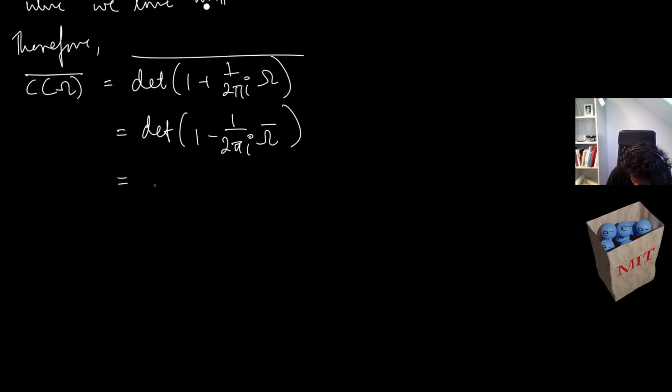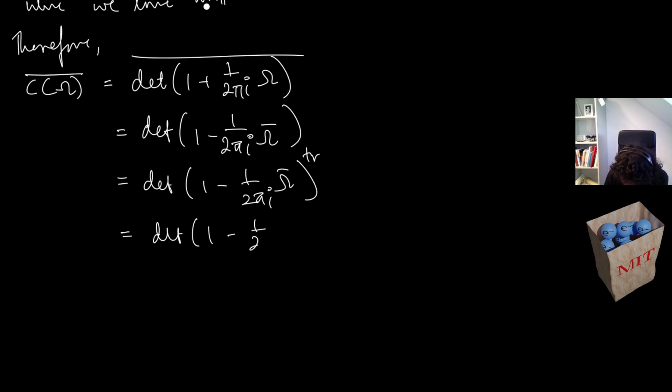So this is going to be det of 1 minus 1 on 2 pi i transpose. Maybe we wrote it differently before, I can't remember how. And what is this? This is exactly now going to be the determinant of 1 minus 1 on 2 pi i of the adjoint.